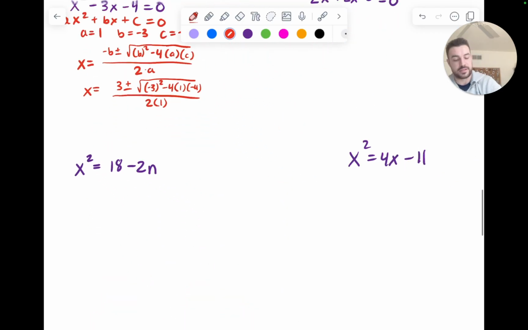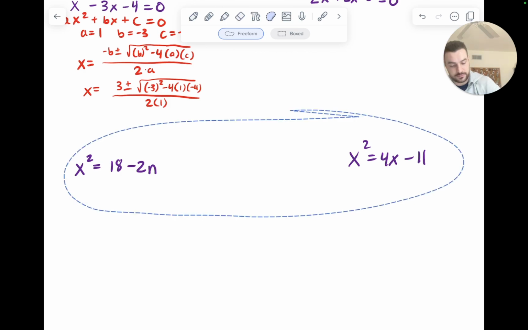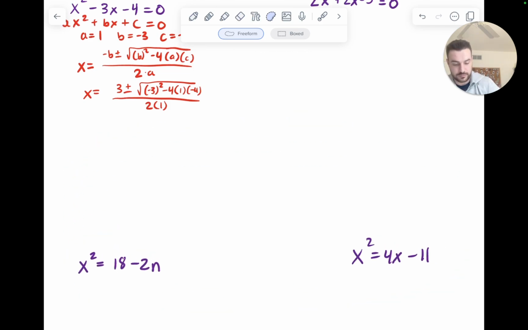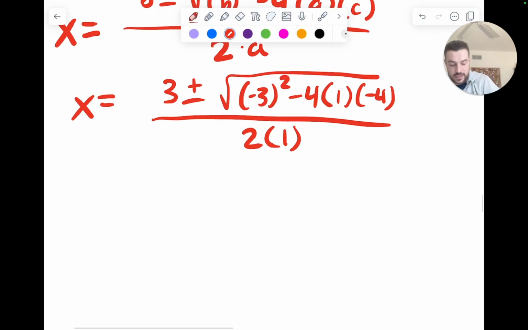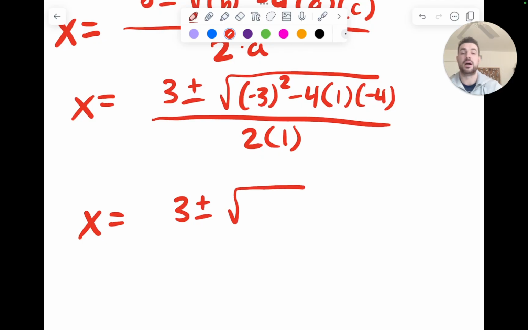So let me give myself a little bit more room here. x equals 3 plus or minus the square root of. Now, this value inside our radical here is called the discriminant. It is very important, and it tells us what type of solutions we are going to have when we are done solving.